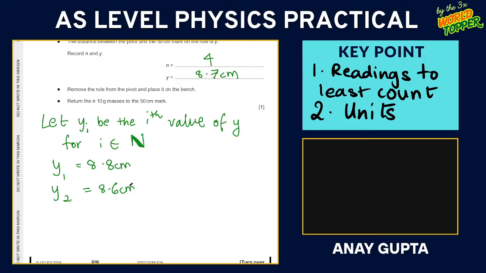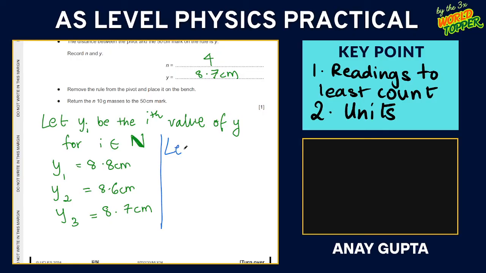So different slight factors here and there could affect your readings by, say, 0.1 or 0.2 centimeters, and that is what we're telling the examiner, that we are trying to ensure maximum accuracy. So when I repeated the experiment the third time, I got y3 equals 8.7 centimeters. Okay, now after this, what should I write?